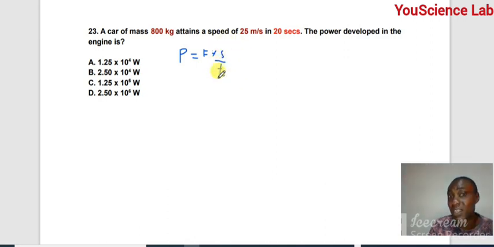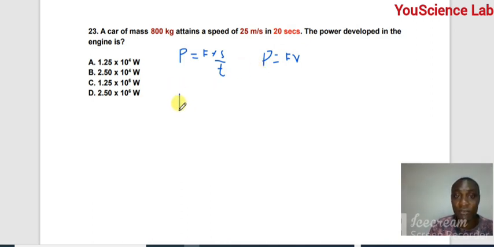And force times distance over time, distance over time is speed or velocity. So we can also write power as force times velocity or speed. So how do we get the force here?